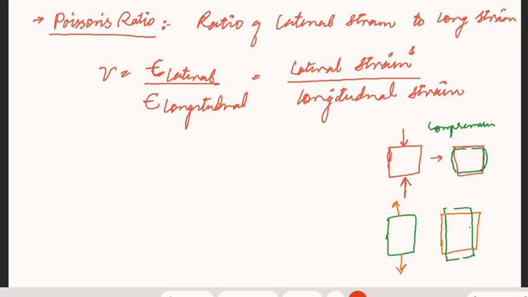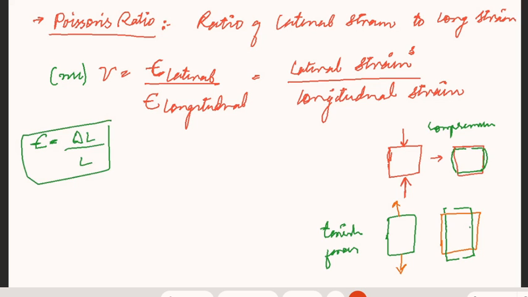Right? This is when we have tensile forces. Therefore, with regard to different types of forces, whether tensile or compressive, you can easily calculate the value of nu, that is lateral strain by longitudinal strain. And usually we calculate strain by change in length by original length, right?